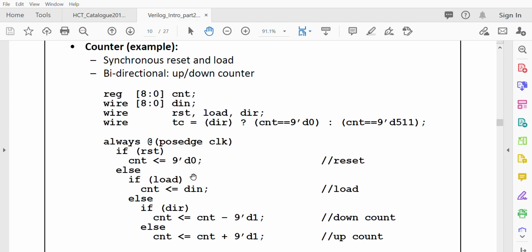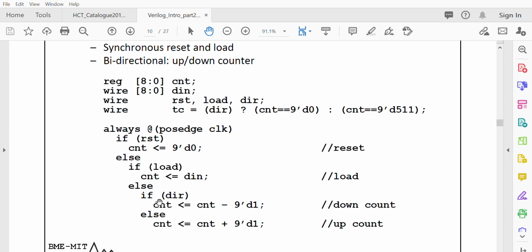Else, if load is asserted, then count will be loaded with the values in the DN input. Else, if the direction is 1, then it is counting down. So count receives count minus 1. Else, count receives count plus 1, which is counting up.